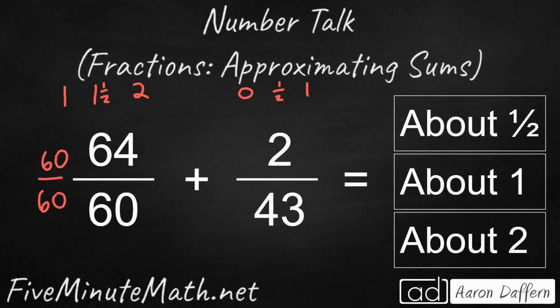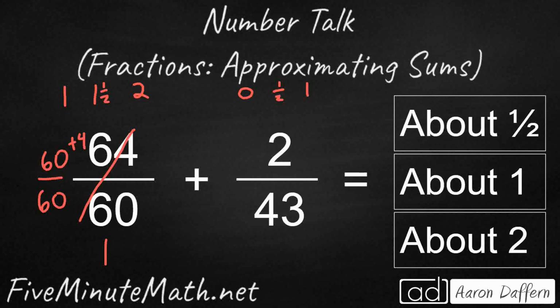Well, that's just going to be a plus 4. That's not really that much farther away. And so this makes me think, especially with a denominator as large as 60, that I can reimagine this as just 1 whole, because it's really just 4 away from that 1 whole of 60 over 60. All right, so we've got 64 over 60 reimagined as 1.